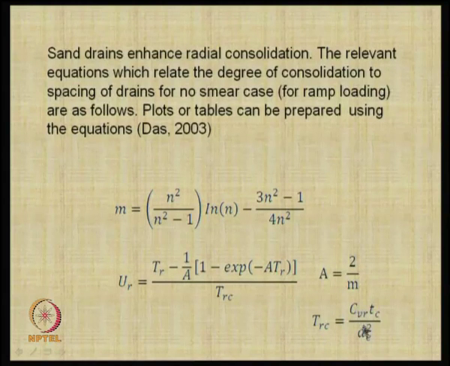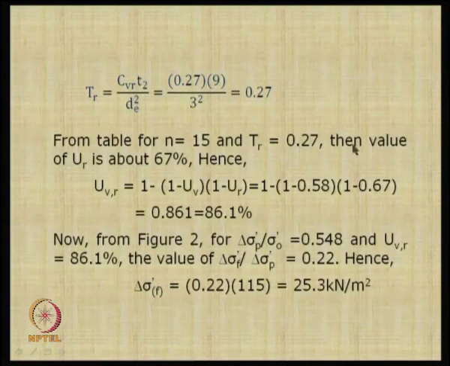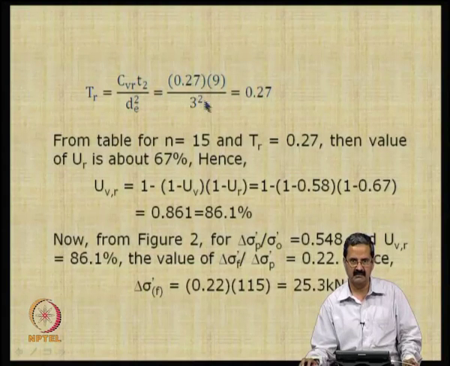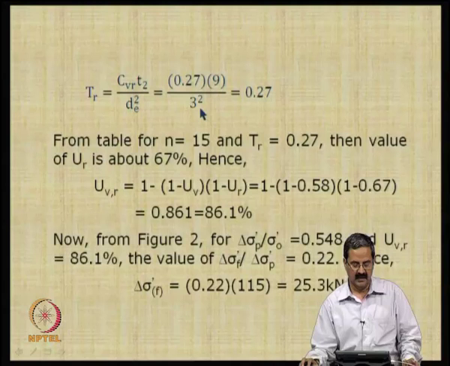So, you have these numbers, Tc is the construction time and D is the effective diameter. This is a simple example here. TR is nothing but CVR t by D squared, and as I just mentioned, we would like to see the consolidation within 9 months time, that is the objective, and D is 3 meters, radial, so 0.27.